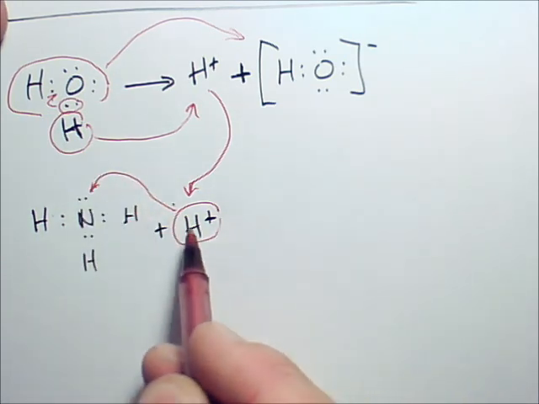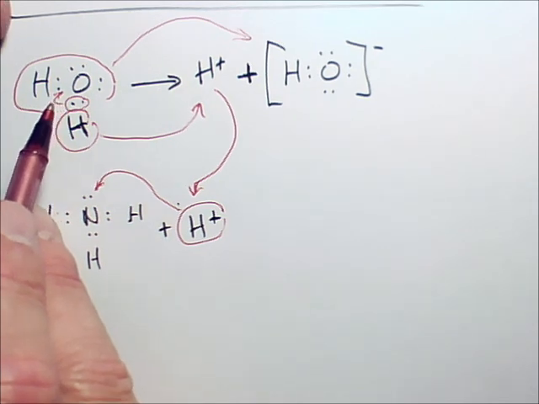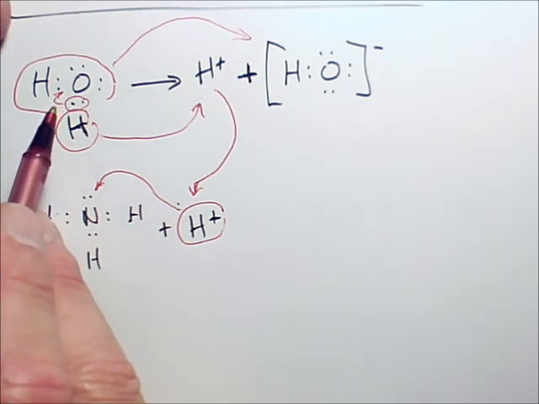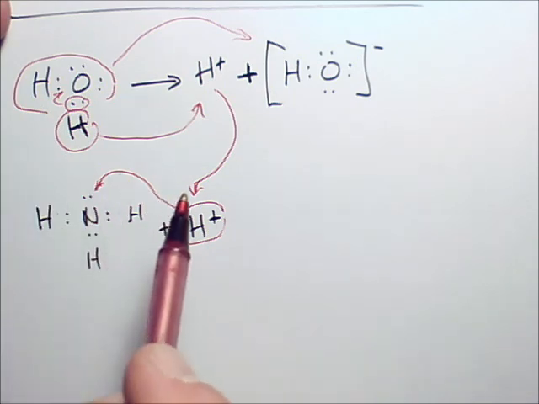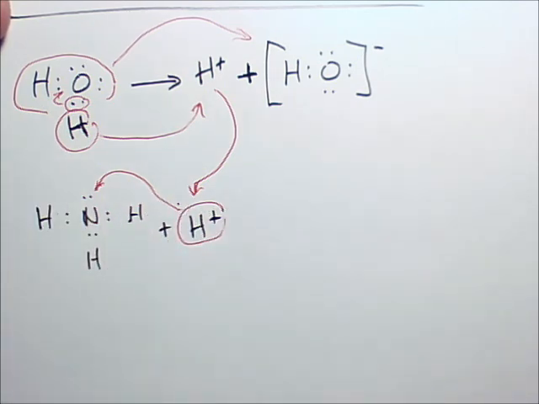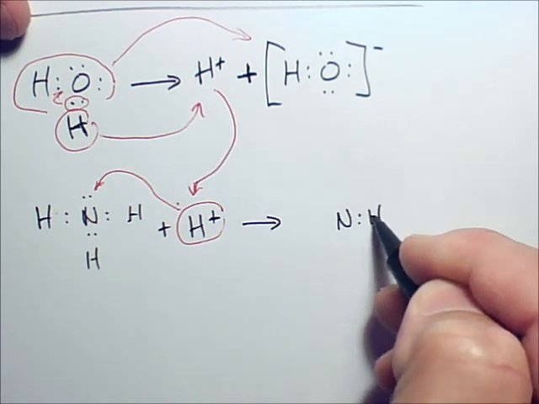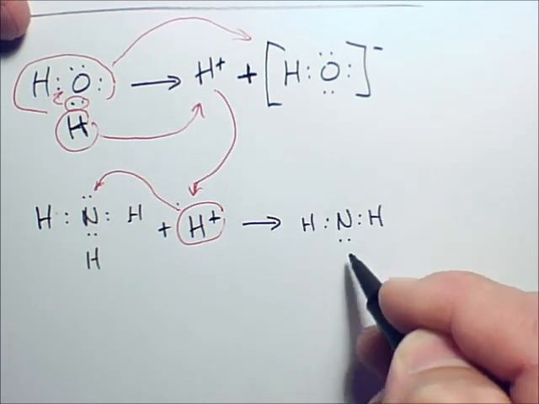That hydrogen ion, even though it left behind those two electrons, still wants them. It still wants to have the valence structure of a noble gas, and the noble gas it wants to be like is helium, and helium has two electrons. So it'll join up there to get those two electrons, and it'll form ammonium, which is NH4.